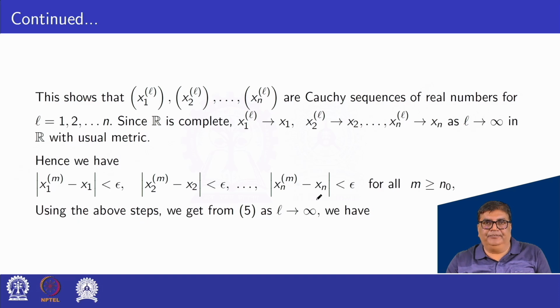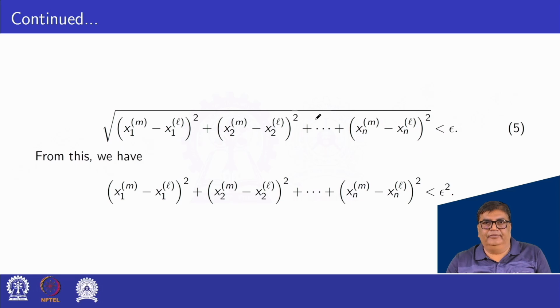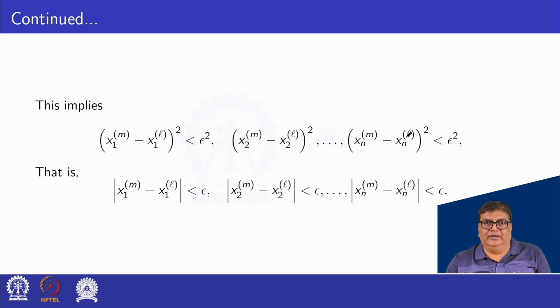Using the above step and equation 5, we put the value xl1 as x1, xl2 as x2, and so on, xln as xn.